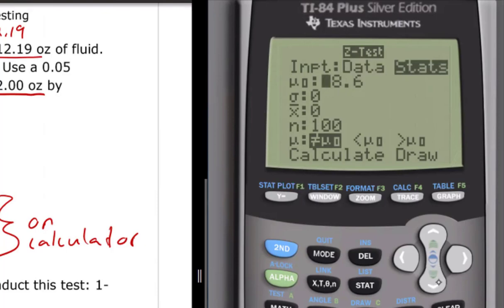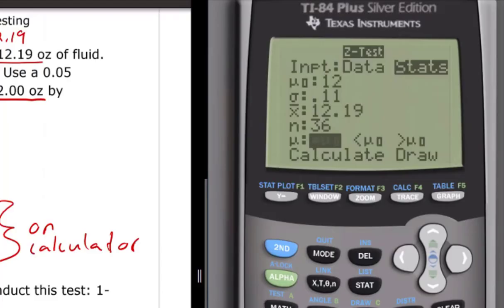This right here is the null hypothesis value, so we're going to put in 12 for that. And then the sigma is 0.11. Our sample mean, the mean of our 36 Cokes, was 12.19, and we did have 36 Cokes that we were using ourselves. Okay. And then we want to pick the not equal symbol at the very bottom, and then we want to calculate it.